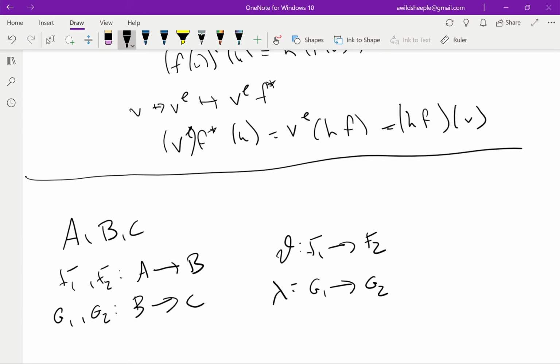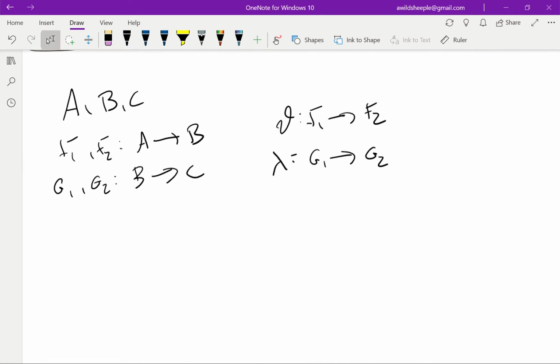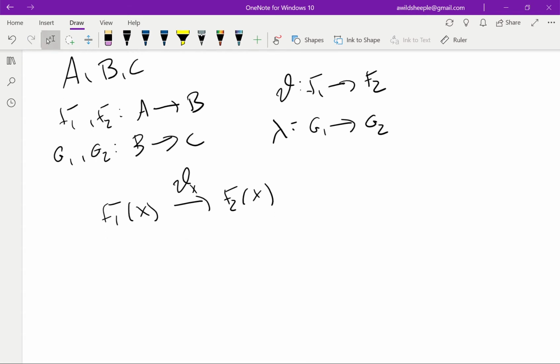So let's take stock of what diagrams we get from these definitions. First, from the F's, we have a diagram that looks like this, and I don't feel the need to fill in everything about this diagram.